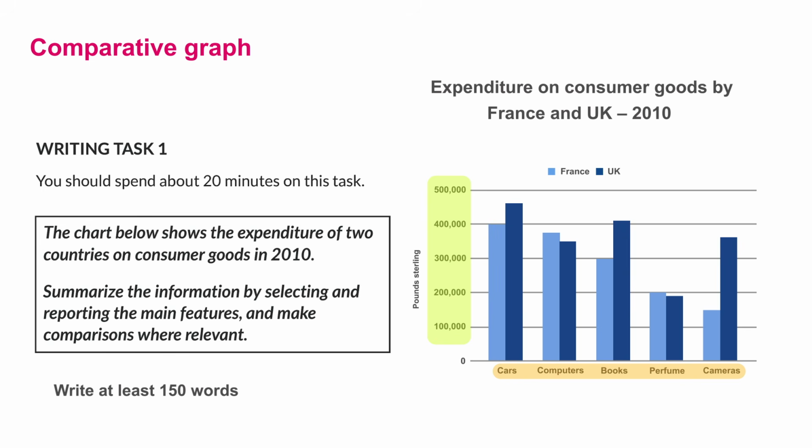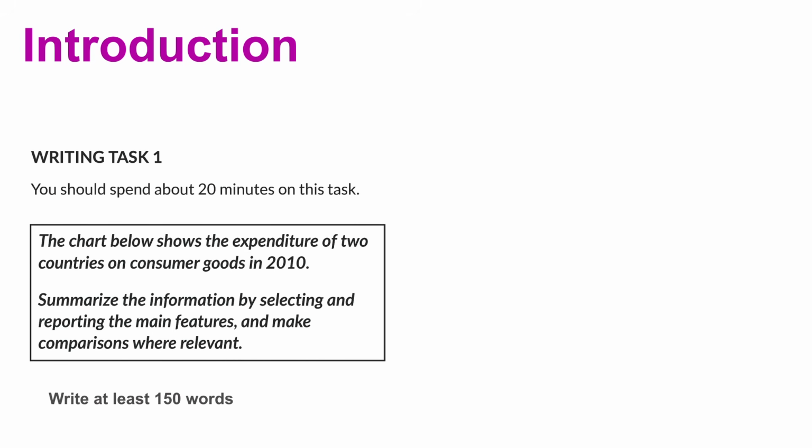What we do first is start writing, let's say, our introduction paragraph, the first paragraph. In writing our introduction paragraph, we paraphrase the question. We restate the question. So first of all, we read the question again. The chart below shows the expenditure of two countries on consumer goods in 2010.